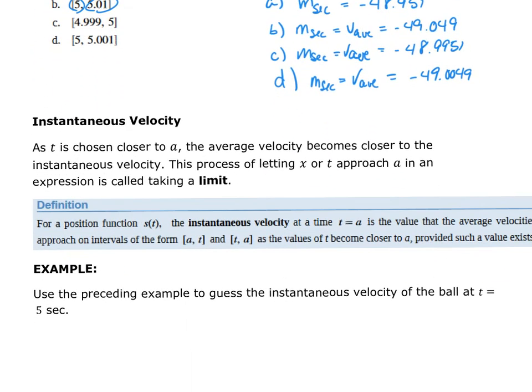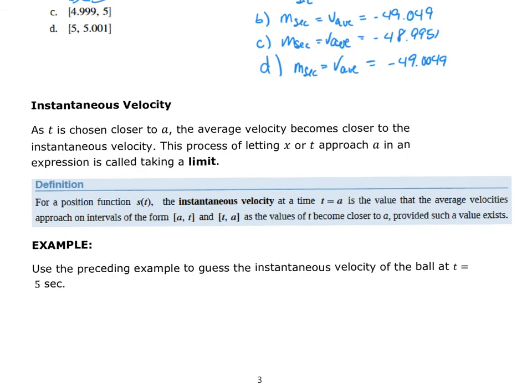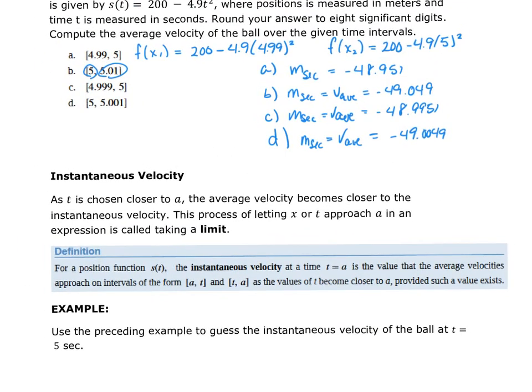So instantaneous velocity is at a snapshot in one particular time. How is the velocity changing with respect to time? So if we were to look at our example above and guess what the instantaneous velocity is for that particular ball at 5 seconds, I would guess that it's going to be 49, because this negative 49 is pretty close to 49, and as I get even closer on the left side of 5, I'm getting even closer to 49.